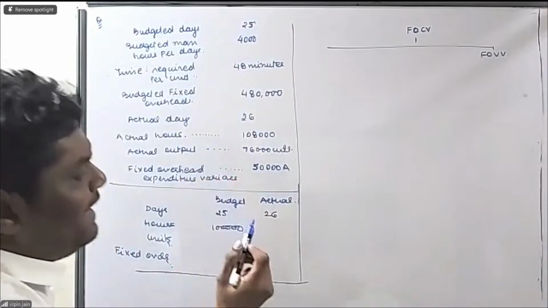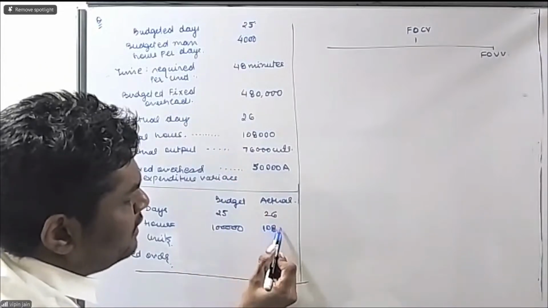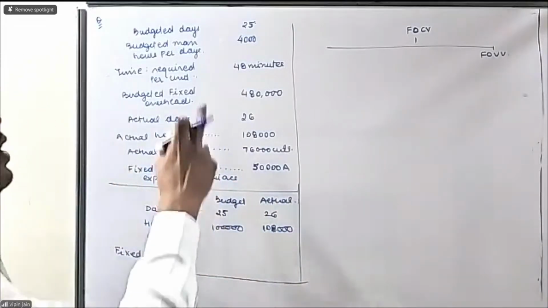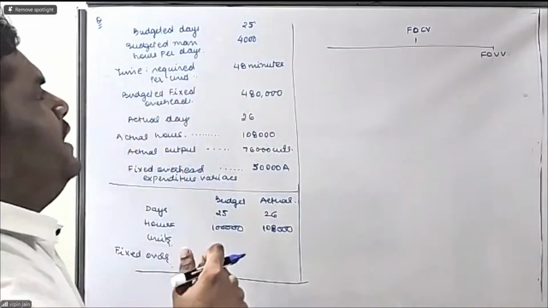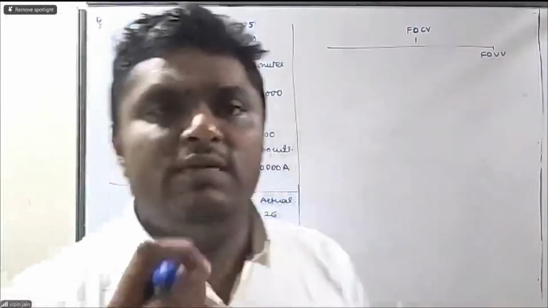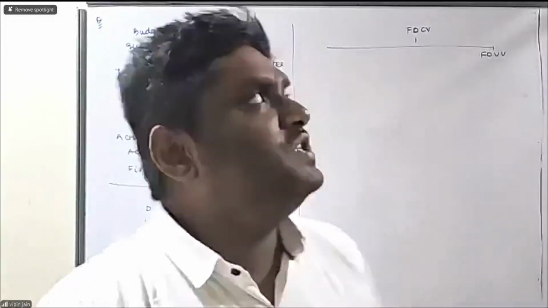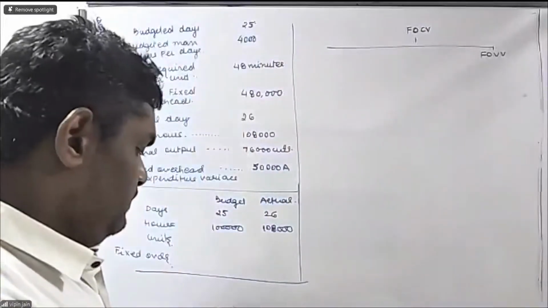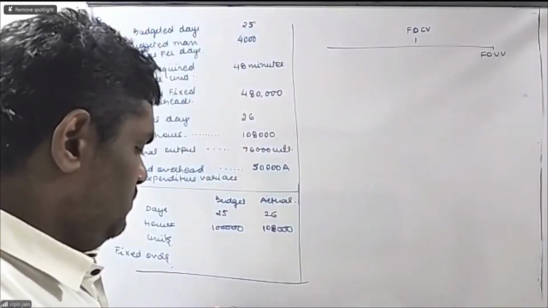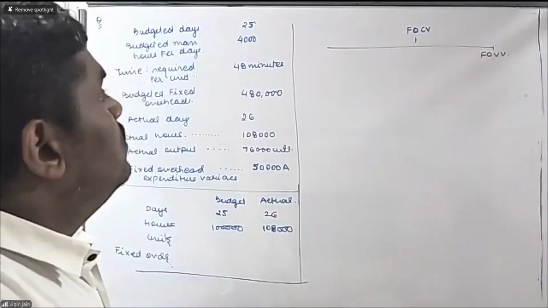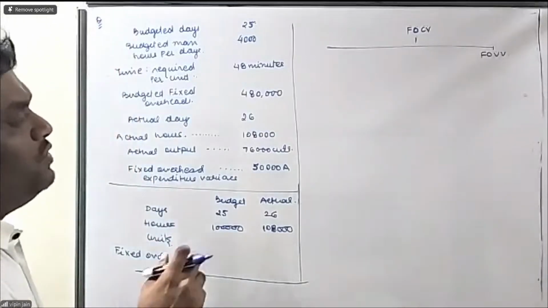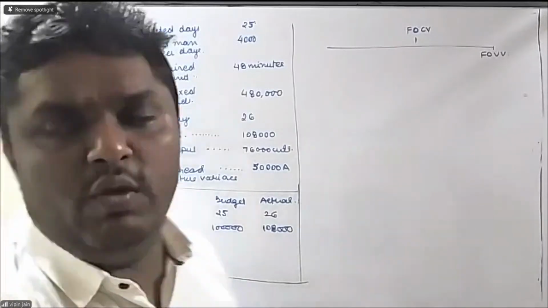And actual hours are 1,08,000. When talking about the number of units, one unit requires 48 minutes. So how many units are manufactured? Can you guys tell me?